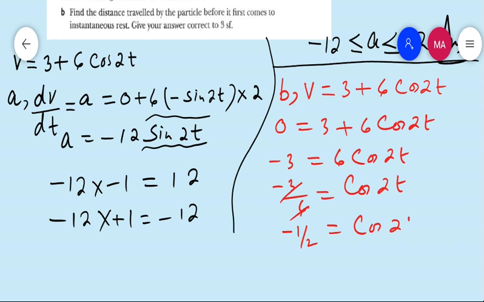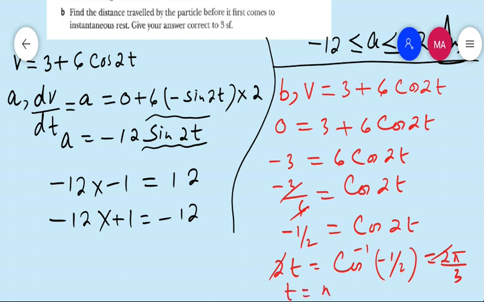Then 2t = cos inverse of minus 1 upon 2. If you use your calculator, cos inverse of minus 1 upon 2 is 2 pi by 3. So the 2 cancels, and the value of t is pi by 3.